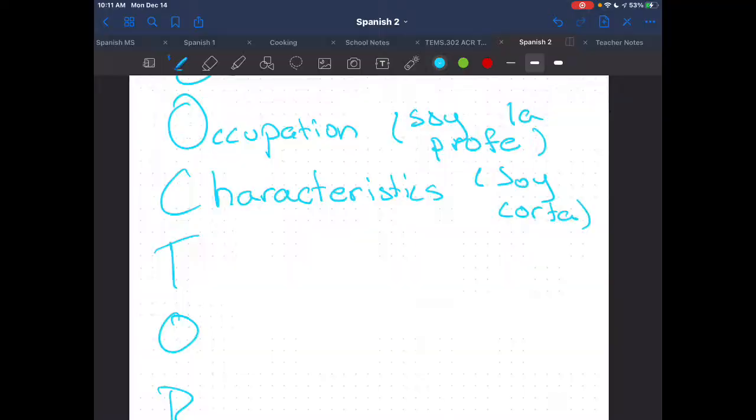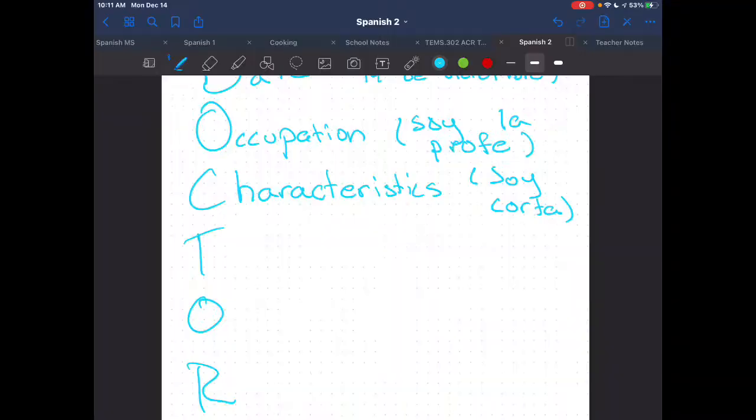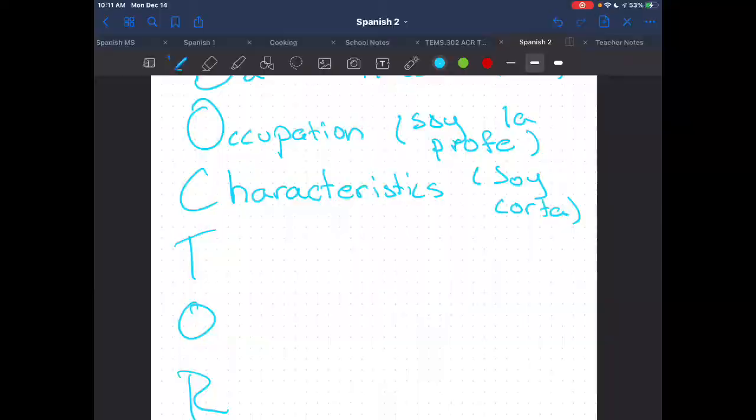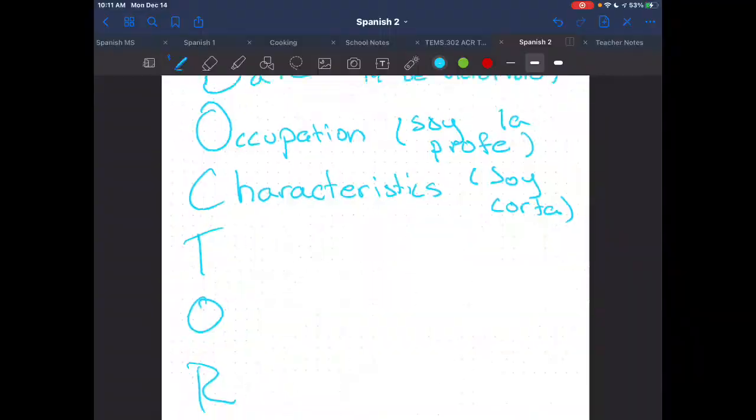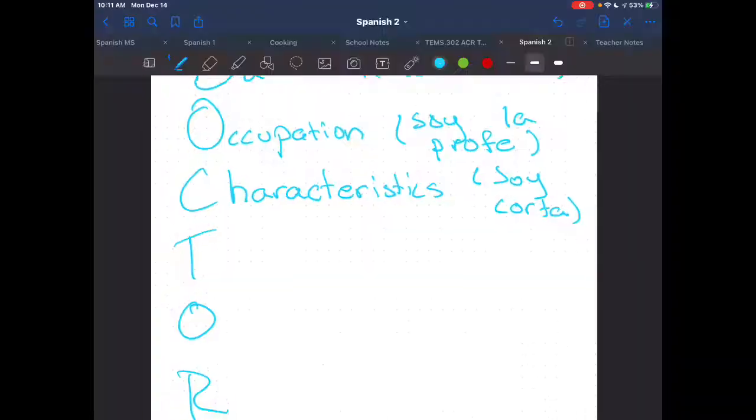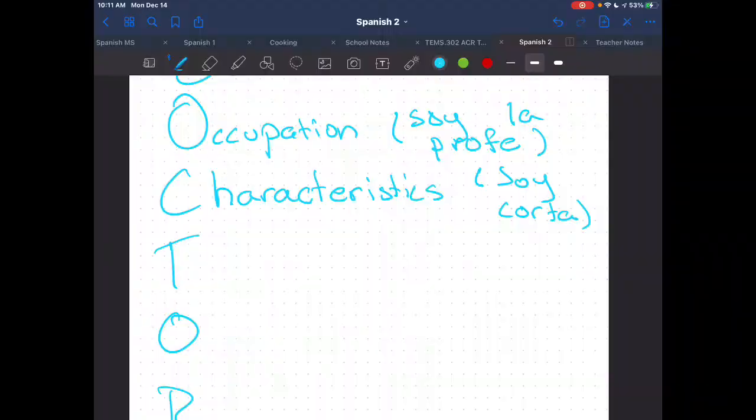That's how you use ser. And then next we have origen or origin. And that is, for example, if I were to say soy de Detroit. I am from Detroit. I am a Detroiter. Or you can also use R for relationships.